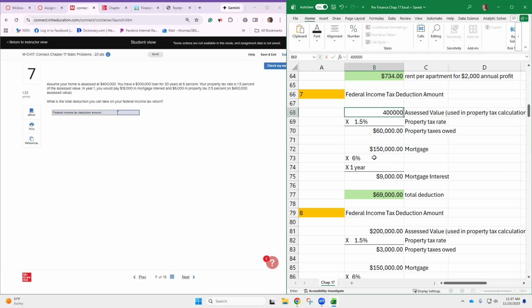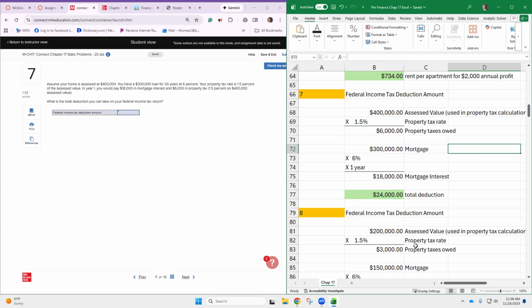It says you have a $300,000 mortgage, so I'm putting that in my problem. $300,000 mortgage for 30 years at 6%.